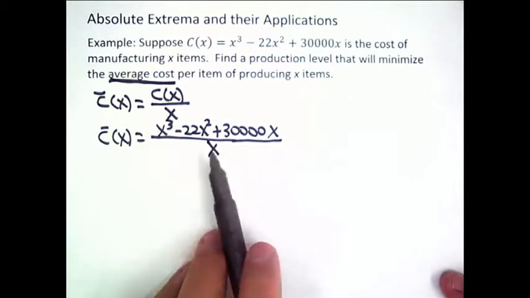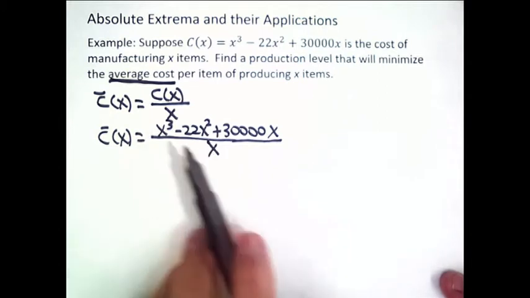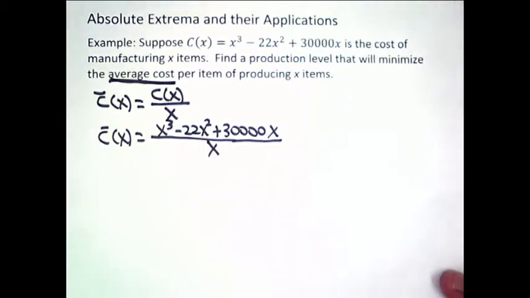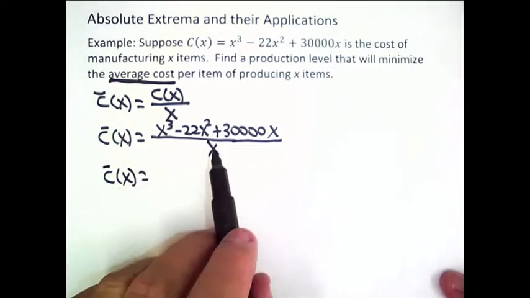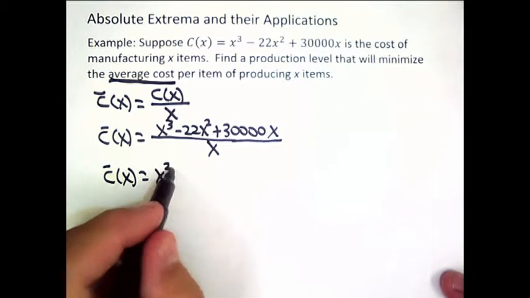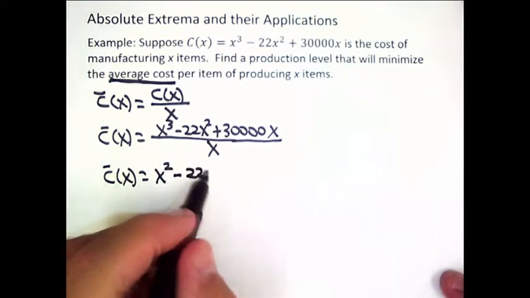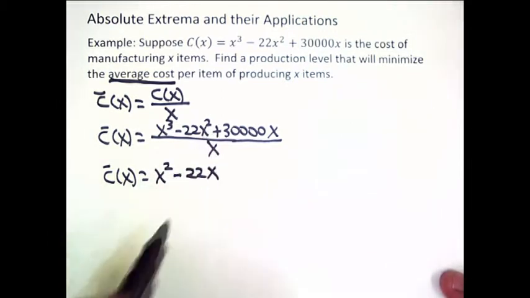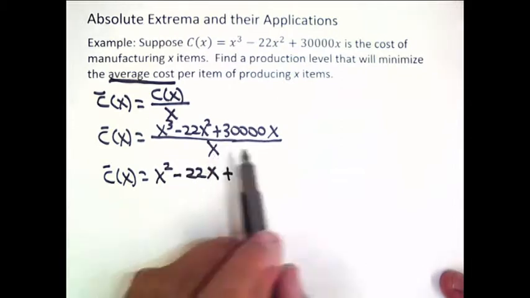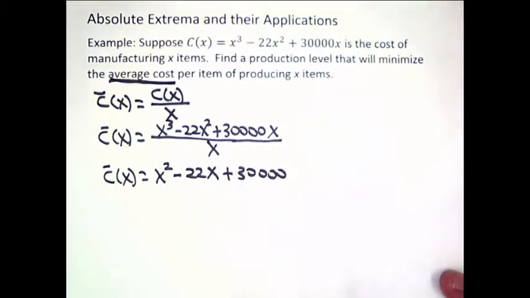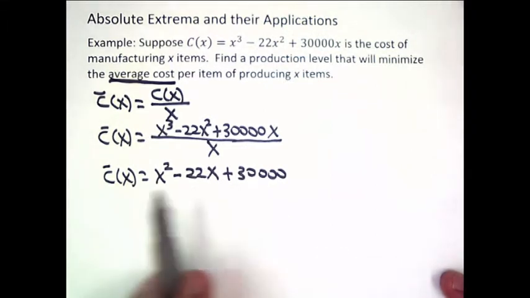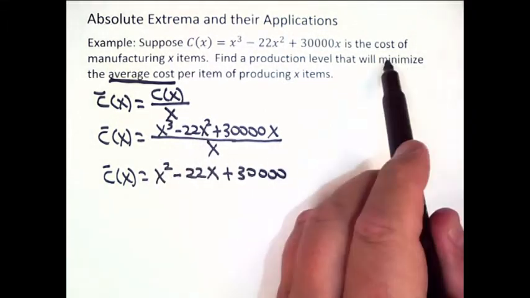I can factor the x out and cancel it, or think about the x going into each term individually. Either way, when you take x into x cubed, you get x squared minus 22. When x goes into x squared, you're left with x plus, and when x goes into x here, you're just left with the 30,000. So this is the average cost function, and that's what you want to minimize.